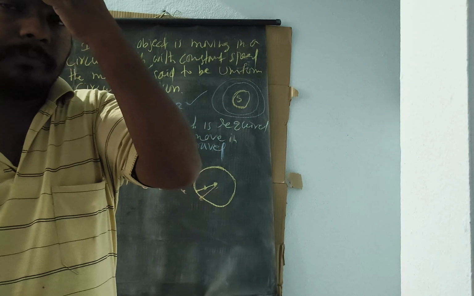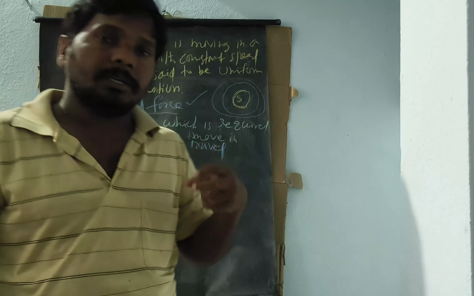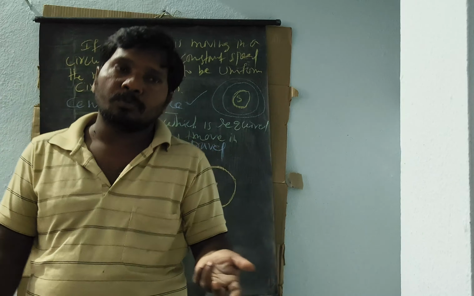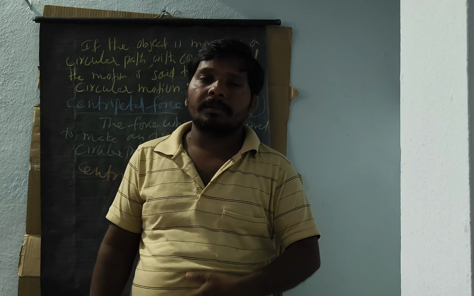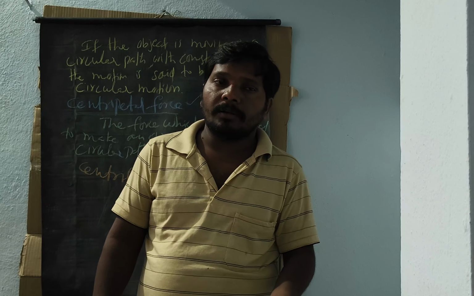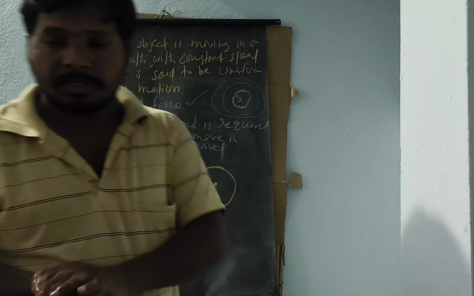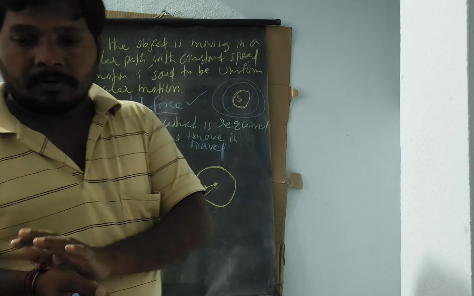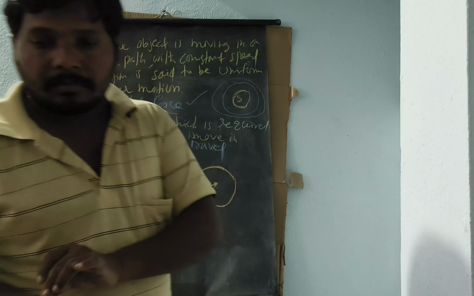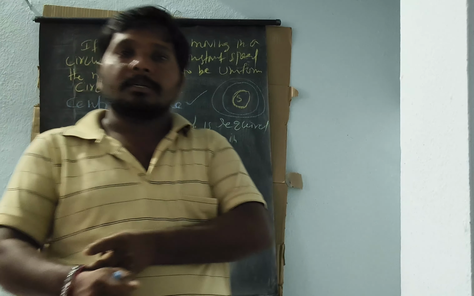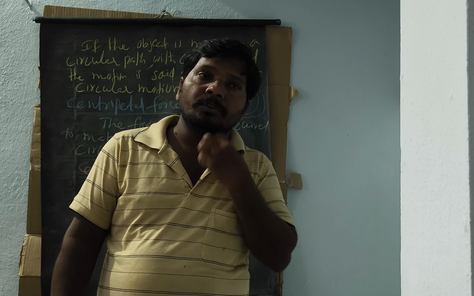The motion of the moon around the earth is also an example of uniform circular motion. An athlete moving in a circular path is also an example of uniform circular motion. Uniform linear motion is not accelerated.